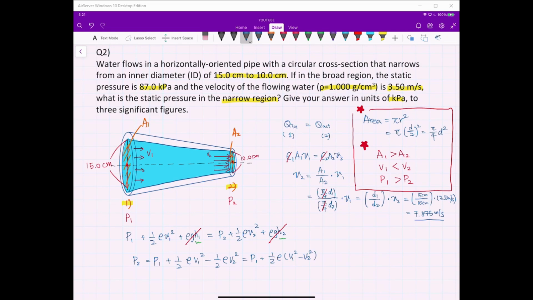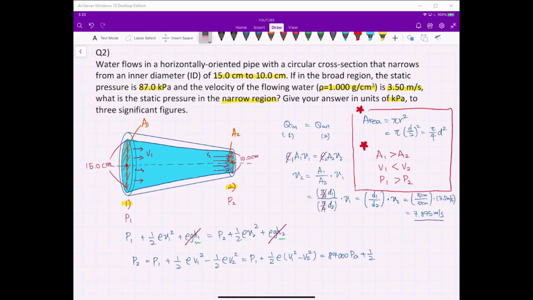And we can plug in those calculated values with SI units to get the final answer. That 87 kilopascal is 87,000 pascal plus 1/2 rho, that is 1 gram per centimeter cube. But from previous lecture video, we found that 1 gram per centimeter cube is the same as 1,000 kilogram per meter cube.